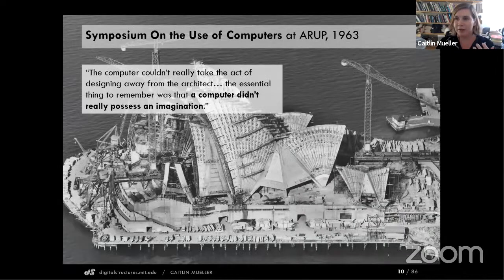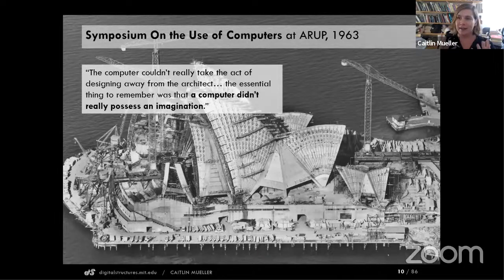First, computers were used to design buildings. And one of the key examples is the Sydney Opera House shown here. And the structural engineering firm Arup, who worked on it, used finite element analysis for the first time to engineer this building, not hand calculations. And while that was both very empowering, it was also actually frightening to the people involved. And they held a symposium on how computers should be used in engineering and design for buildings.